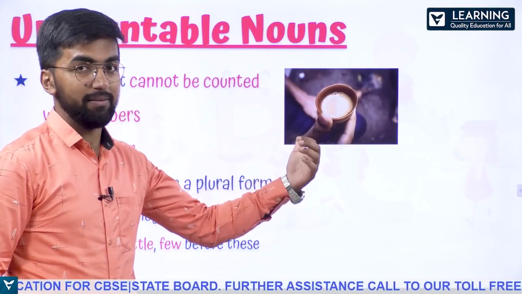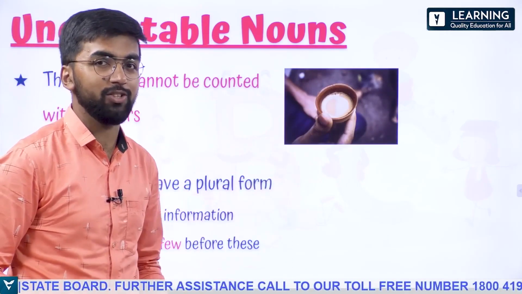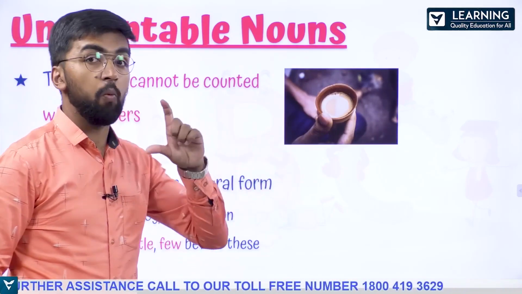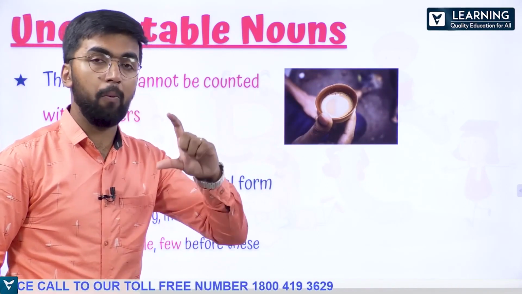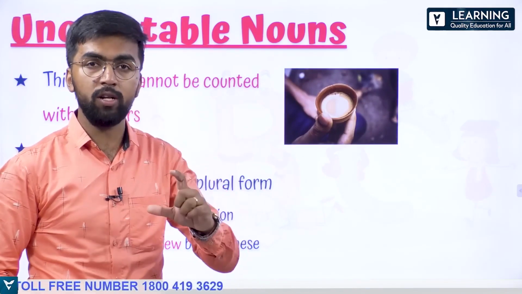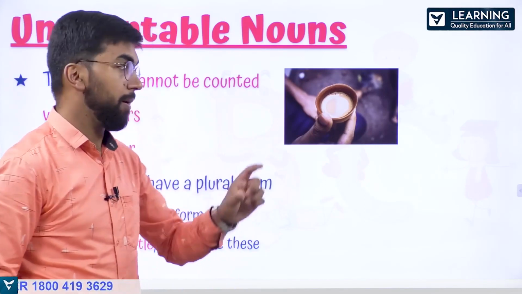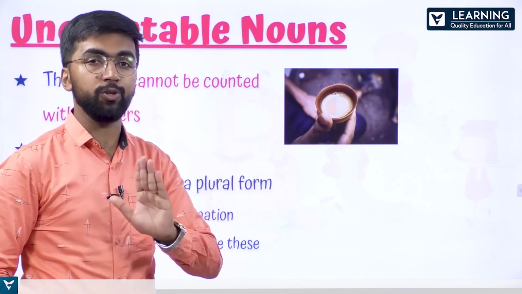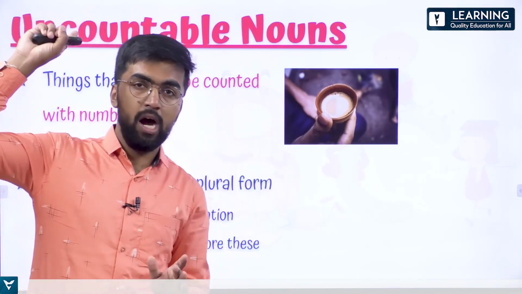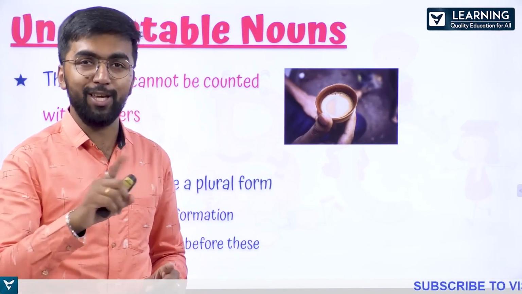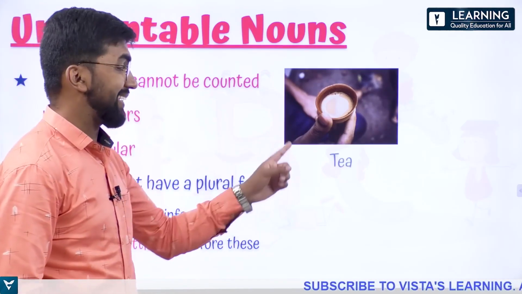That's tea. Maybe the tea that Tina was drinking. While it is one cup of tea, one cup being a countable noun, a singular noun, but tea, when we refer to just tea, it is an uncountable noun in the singular form. Hence, it is tea.